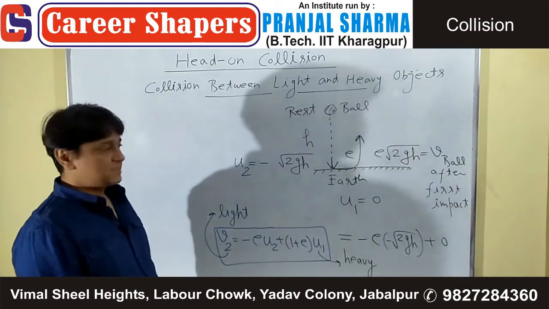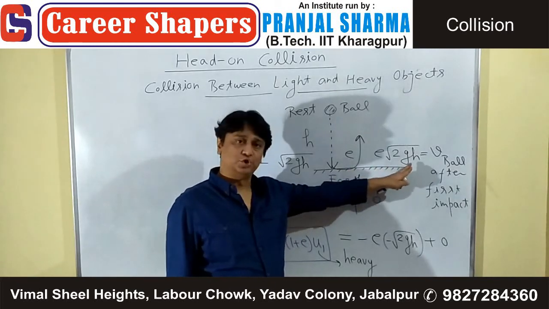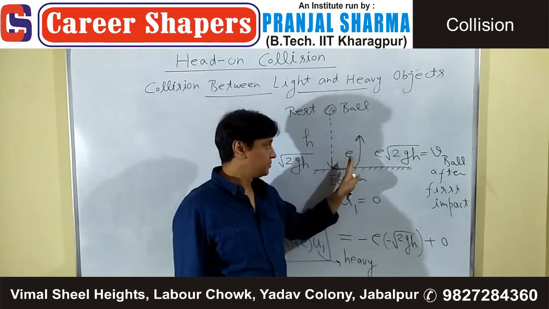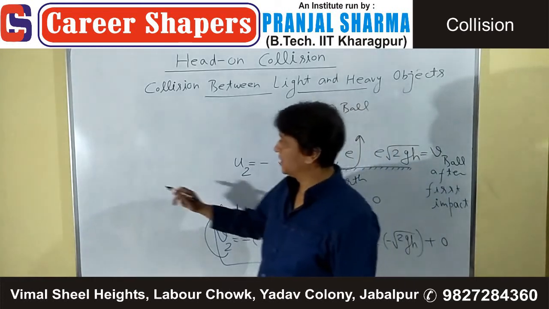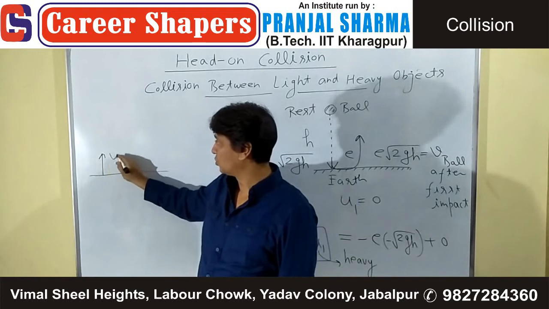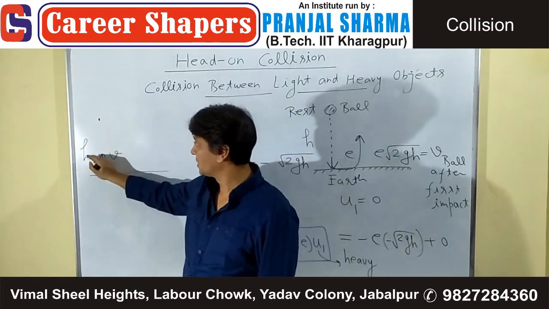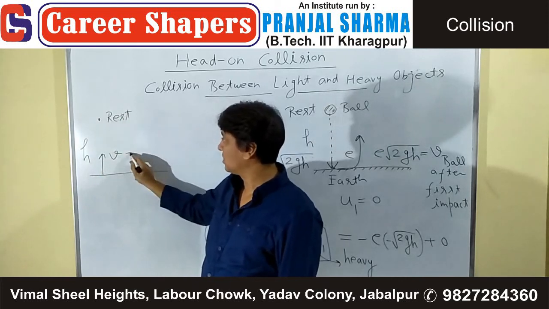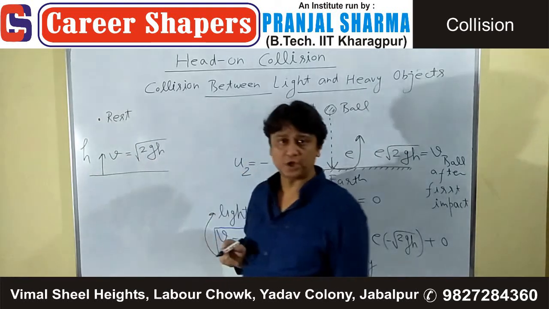Now, second part of question says that with this velocity e times root 2gh, to what height ultimately can this ball move? For this again, what is our format? Everyone knows that if you throw an object with v and this object goes to height h, remember at height h it should be at rest, then v is given by root over 2gh.